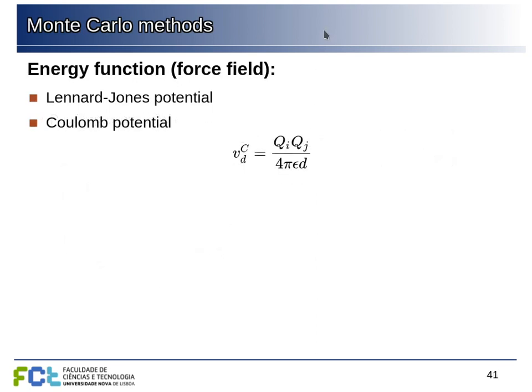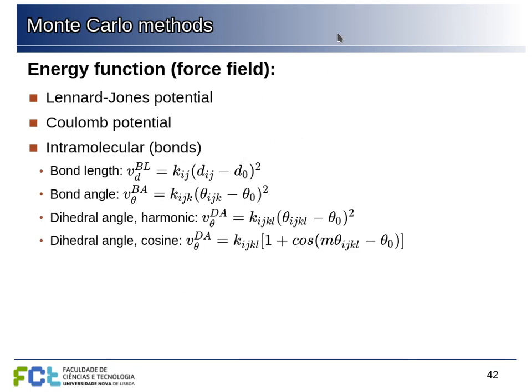We also can consider the Coulomb potential, because the atoms may have partial charges depending on the distribution of the electrons, and so we have to consider the attraction or repulsion between 2 atoms depending on the charges that they have. And then there are other factors here we can consider, distortions in the bonds.